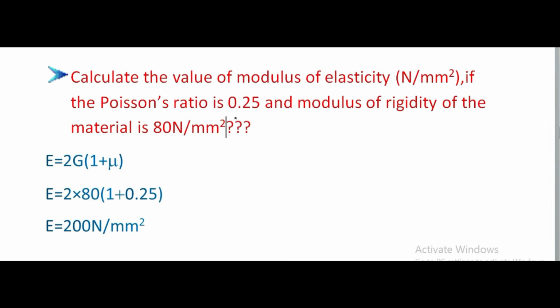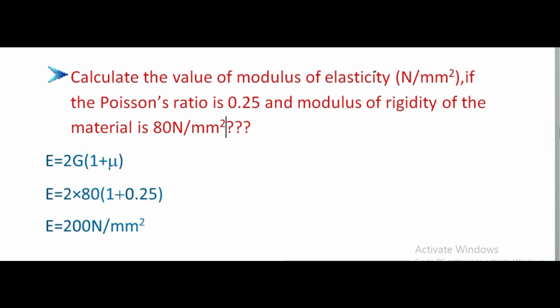Calculate the value of modulus of elasticity in Newton per millimeter square if the Poisson's ratio is 0.25 and modulus of rigidity of the material is 80 Newton per millimeter square. Students, this type of question, before solving we have to check the unit: which unit is asked and what is given in the question.